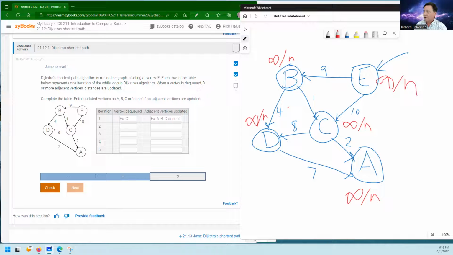That's how we started out, but we set the starting vertex's distance to 0, so we change that to 0.